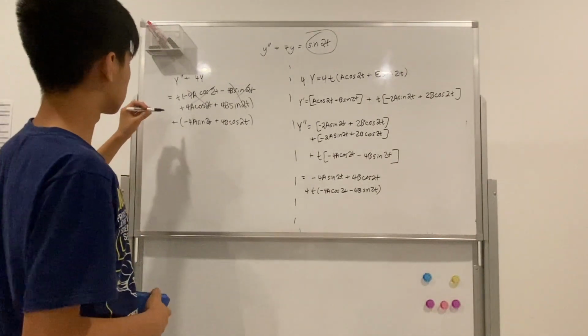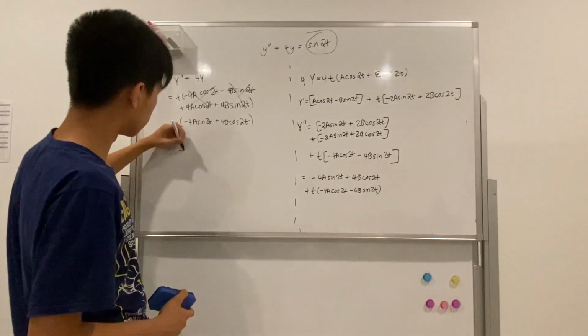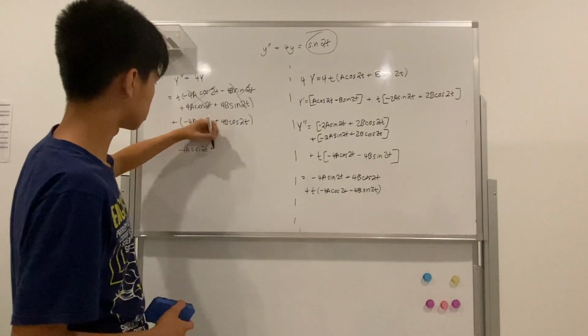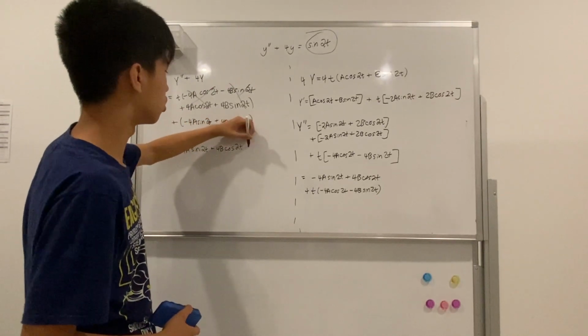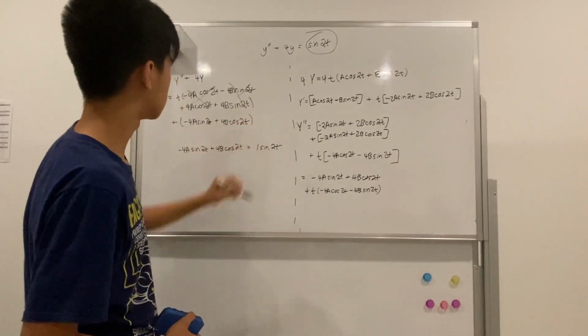So all we have left is negative 4a sine of 2t plus 4b cosine 2t equal to 1 sine of 2t.